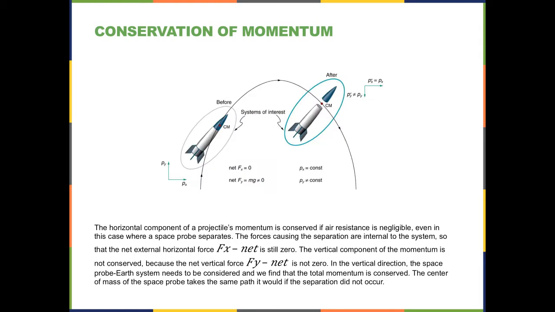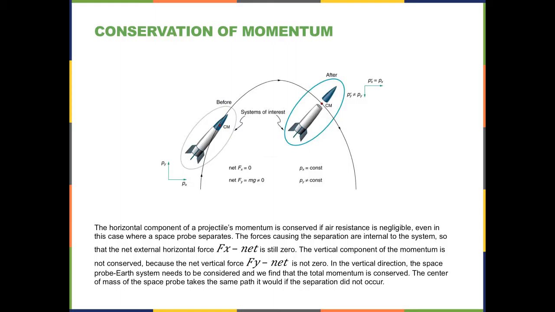Here's another situation where you have two objects, a single rocket that is flying, and the horizontal component of this projectile's momentum is conserved if the air resistance is negligible, even though the rocket separates into two pieces.